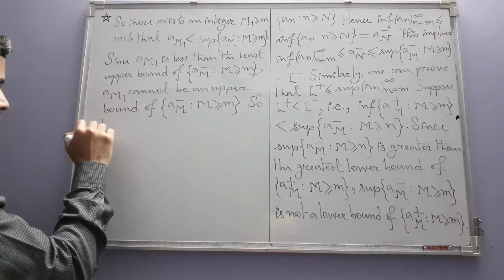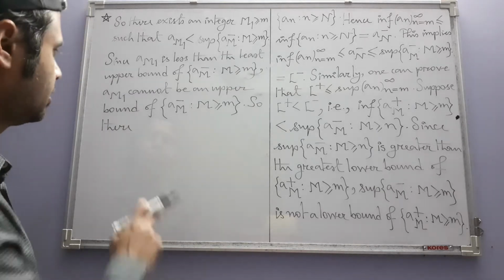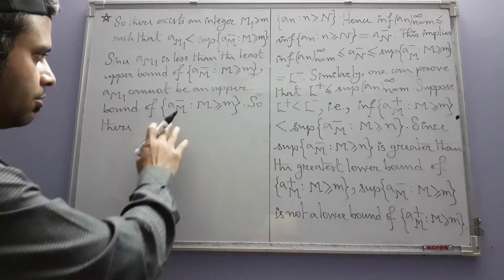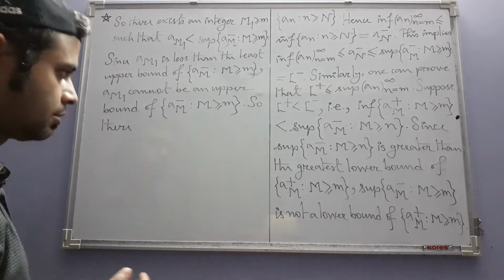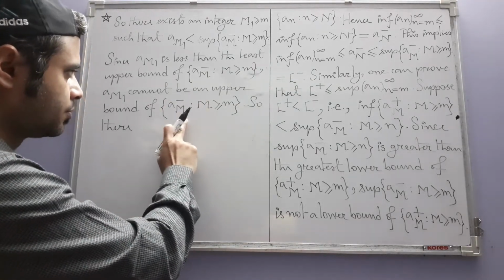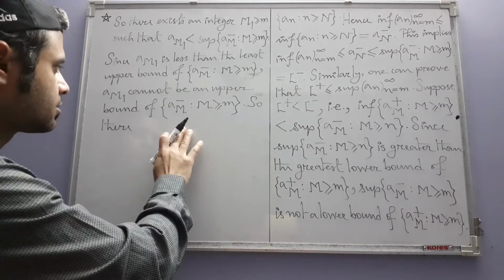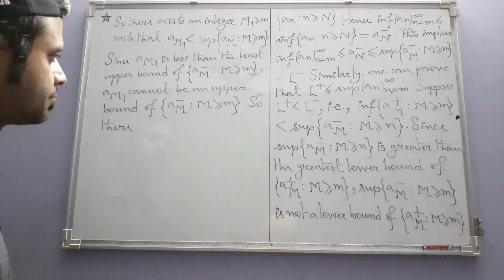So, not being an upper bound means what? It cannot be greater than or equal to all the elements of this set. That is, there will be at least one value of capital M for which the corresponding element in this set is strictly greater than this one.